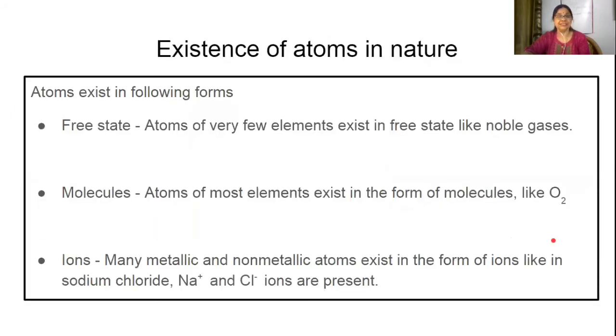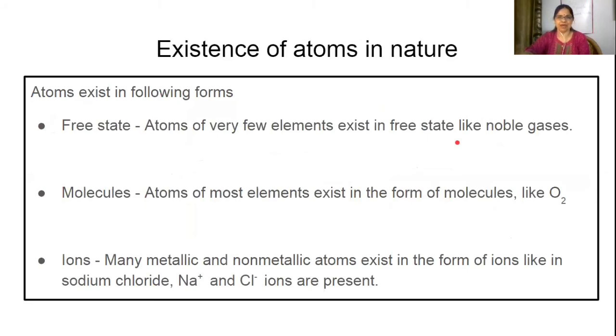Now, how do these atoms exist in nature? The atoms exist in various ways in nature. The first way of existence is in the free state. For example, in case of noble gases like argon, neon, xenon, etc. These noble gases, their atoms do not combine with any other atom.